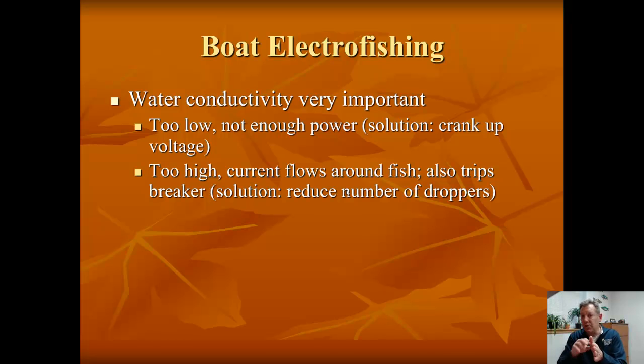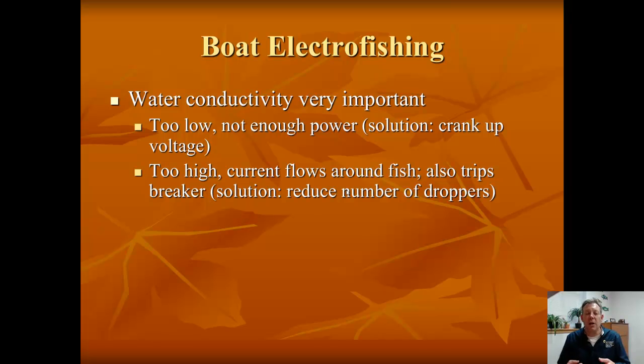The current's always going to take the path of least resistance, which might be around the fish instead of through the fish. And so the fish is not as affected. Another problem is that you often have breakers on your generator that are designed to trip when the current gets too high. So if the current's too high, you might trip a breaker.